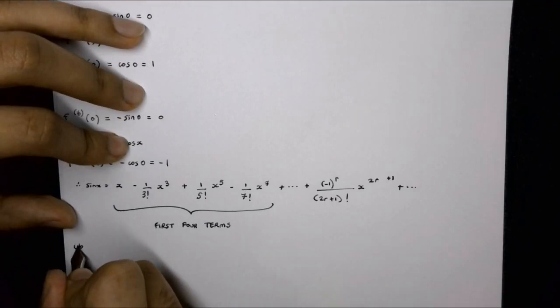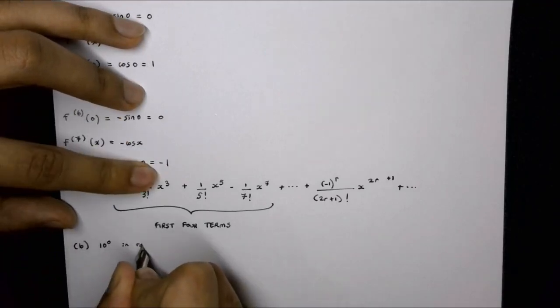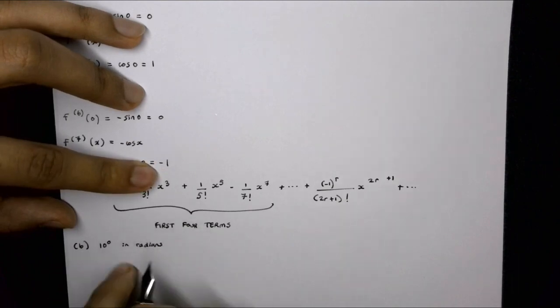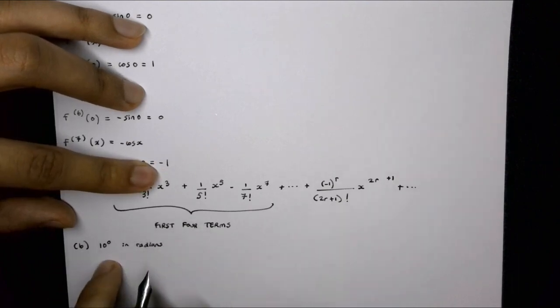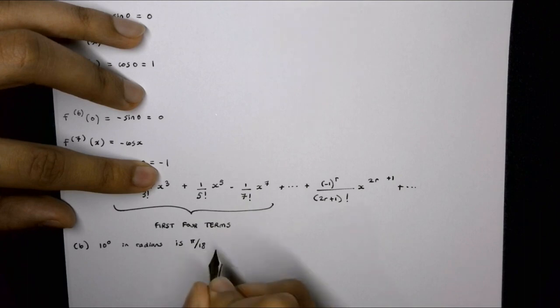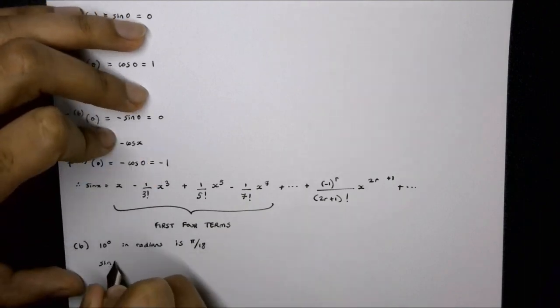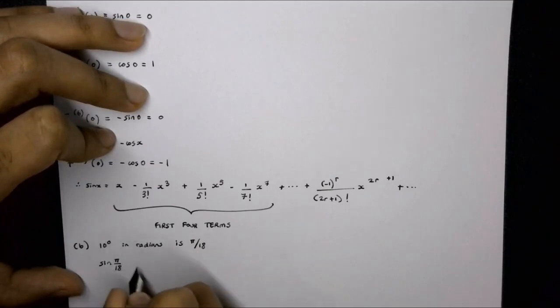So for part B, 10 degrees in radians, well, 180 degrees is pi radians, so 10 degrees will be pi over 18. Okay, so therefore we're working out the sine of pi over 18, which is the same as sine 10.